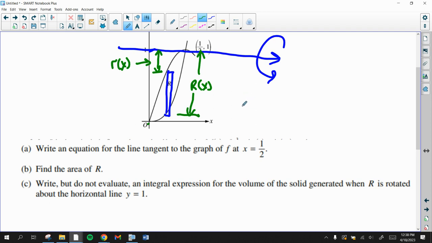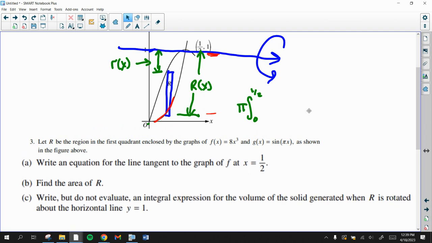I'll write it right here. It would be pi times the integral from 0 to 1/2. Big R of x, which you're seeing right here. Top, which is y equals 1, minus bottom. The bottom is on this graph, which is y equals 8x cubed. So big R of x is 1 minus 8x cubed.